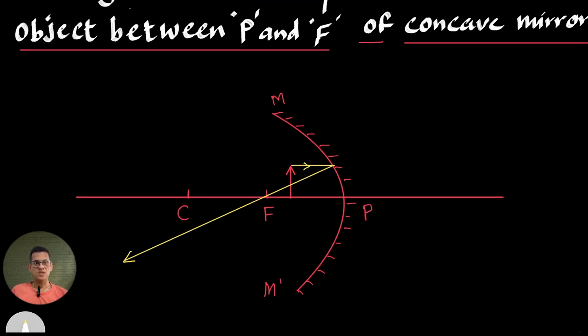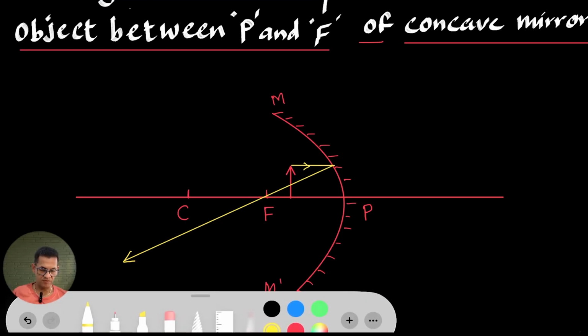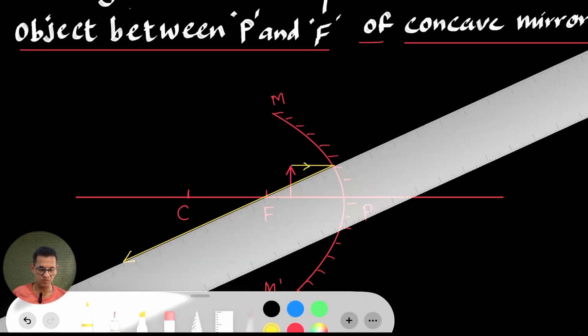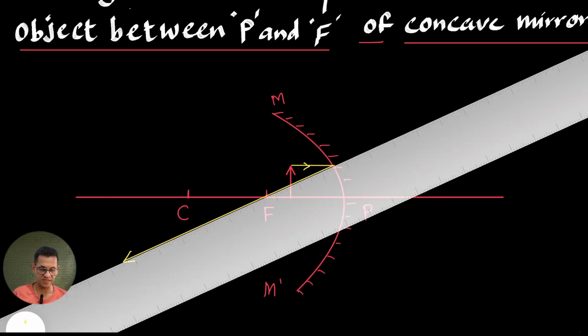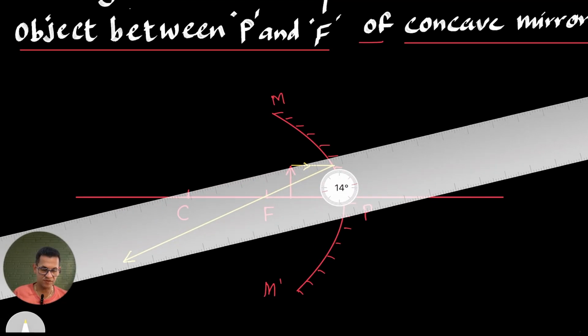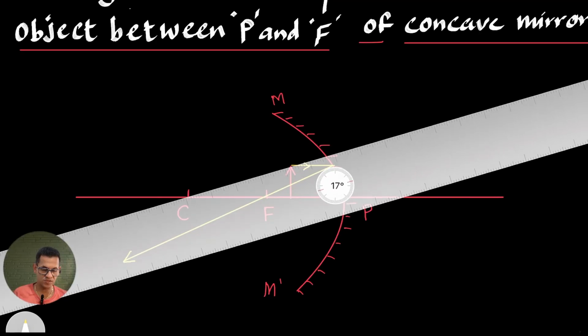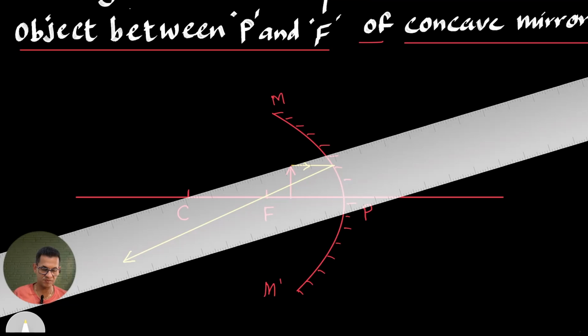Now, we have to draw one more light ray and see how it passes, but since our object is placed in front of F, we'll use the third rule instead of the second rule. That is, if a light ray passes through the center of curvature, it reflects back in the same direction.